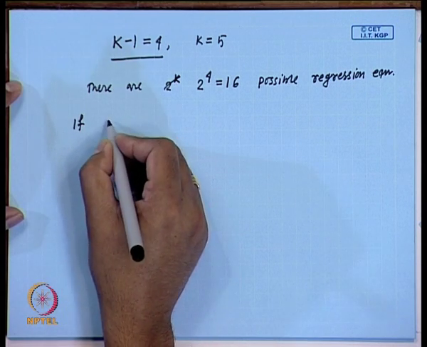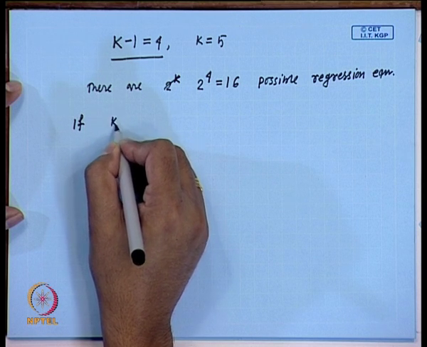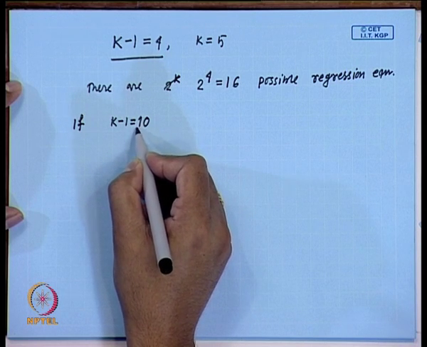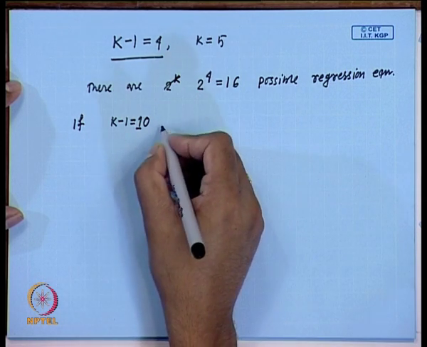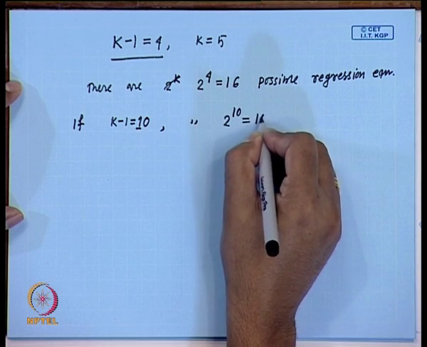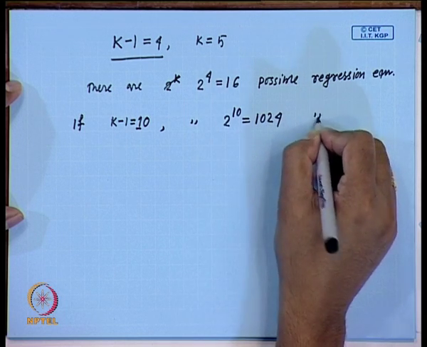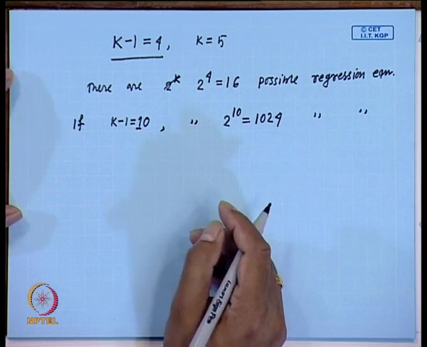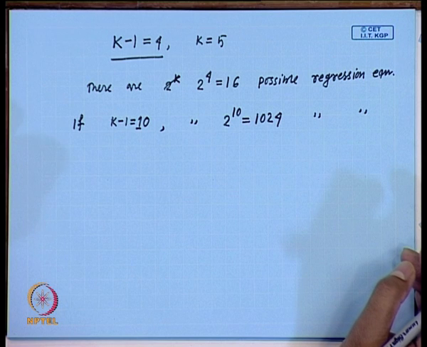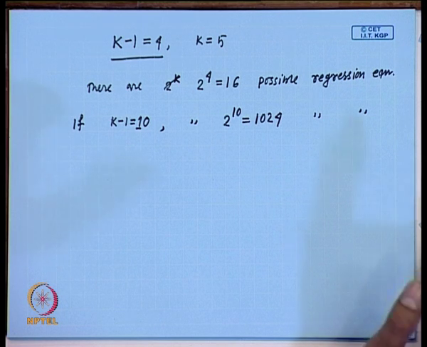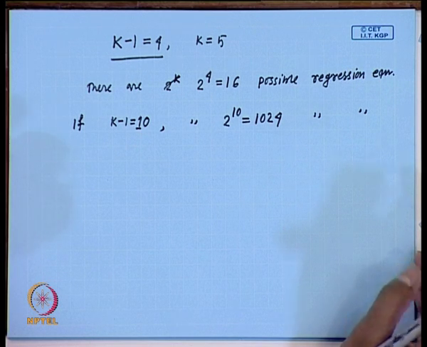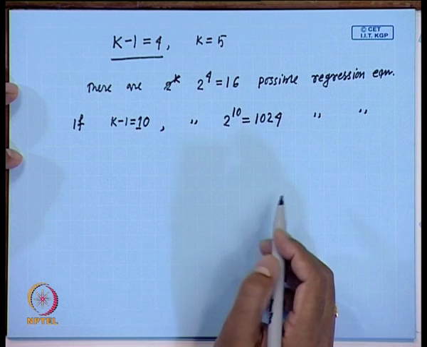If you have a problem with, say, k minus 1 equal to 10, that means the number of regressors is equal to 10, then there are 2 to the power of 10, which is equal to 1024 possible regression equations. So clearly the number of regression models that need to be fitted increases rapidly with the number of regressor variables.